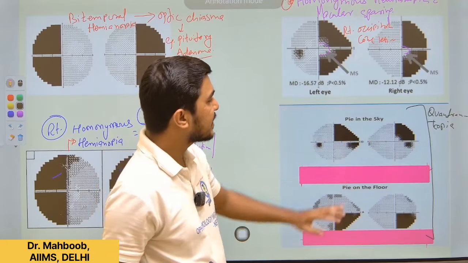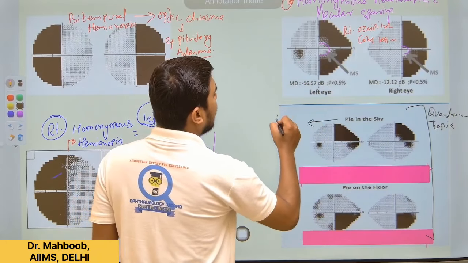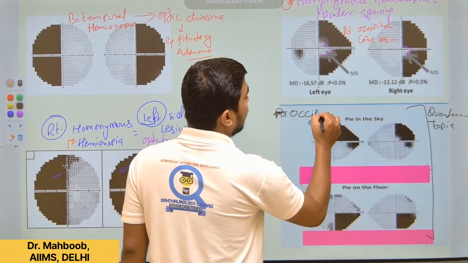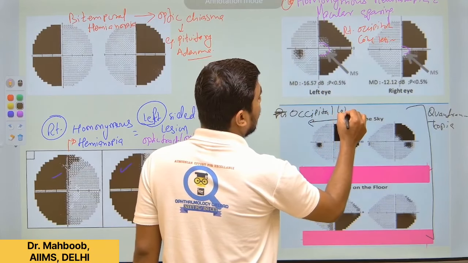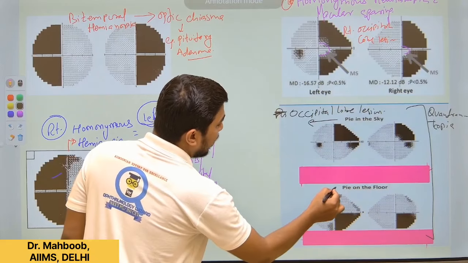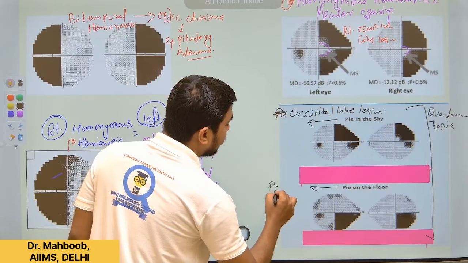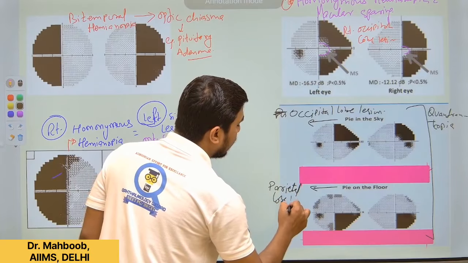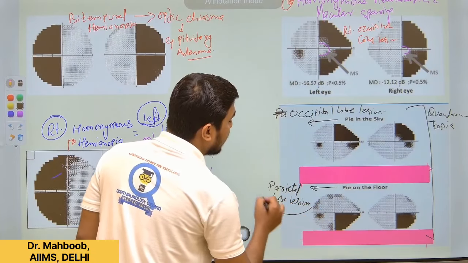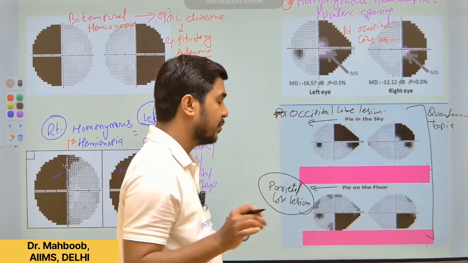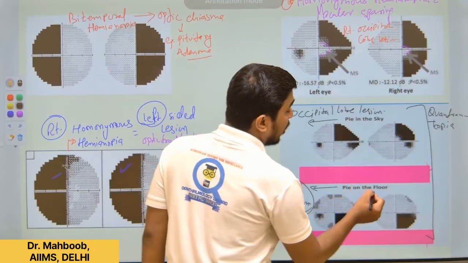So pie in the sky is because of an occipital lobe lesion, and pie on the floor is because of a parietal lobe lesion. Remember one trick, no need to put your brain into it.